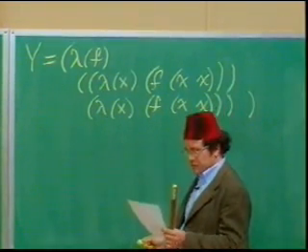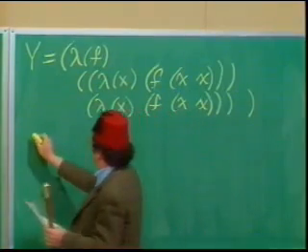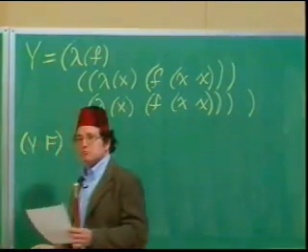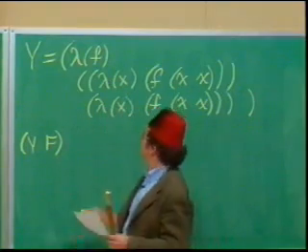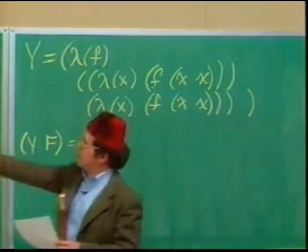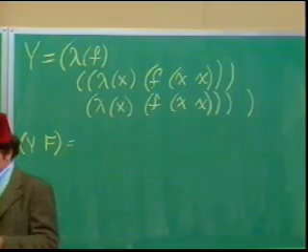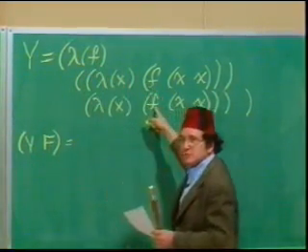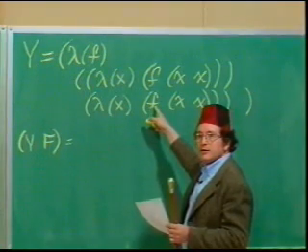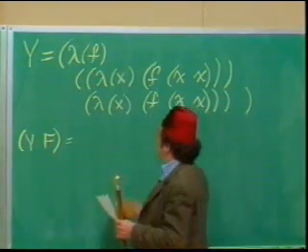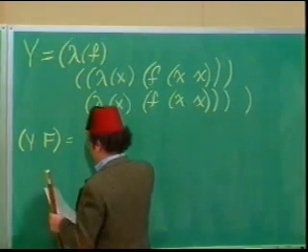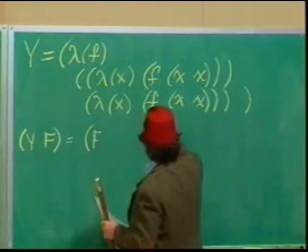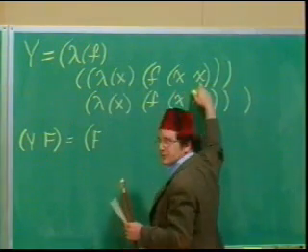Now, what's this do? Suppose we apply y to f. Well, that's easy enough. That's this capital F over here. Well, the easiest thing to say there is I substitute f for here. So that's going to give me basically, because then I'm going to substitute this for x in here.